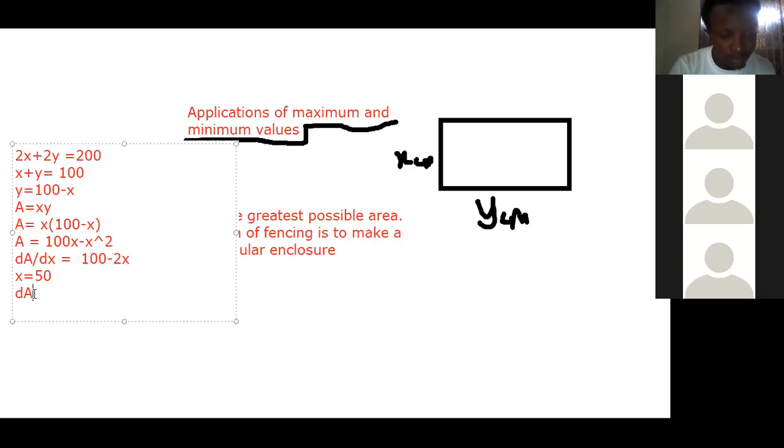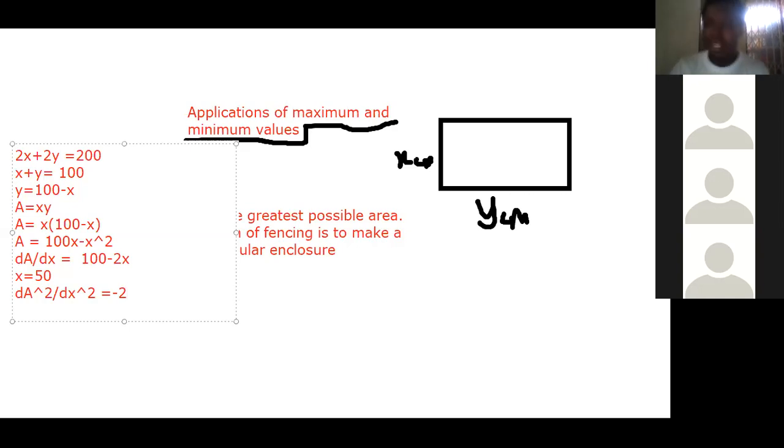So d²A over dx squared. What are you getting? -2. So the answer is -2.